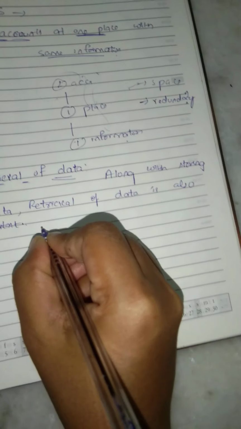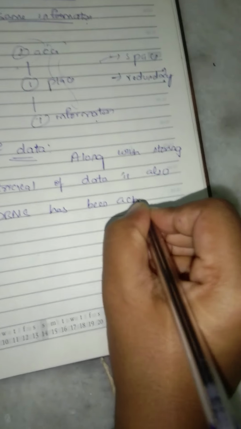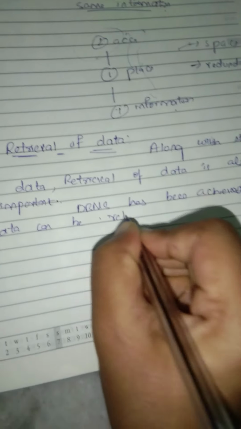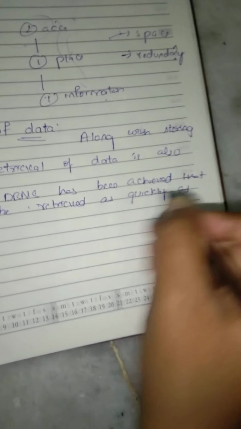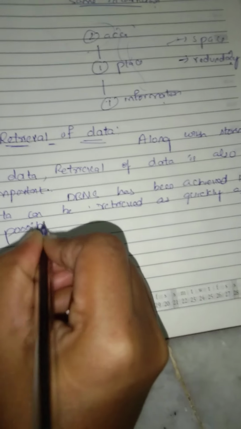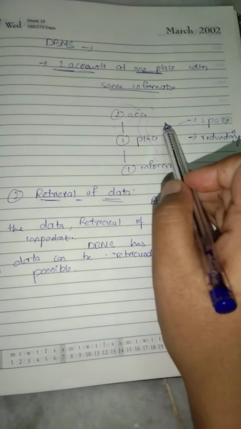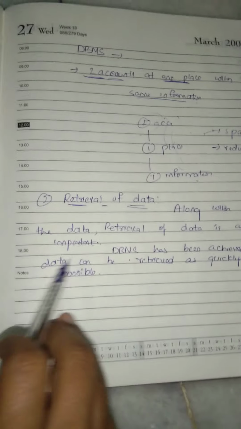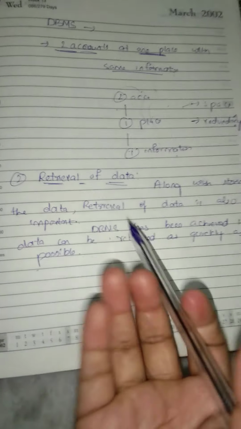DBMS has achieved this, so the data can be retrieved as quickly as possible. It means if the storage is in a systematic manner, then the retrieval of data will be better. That means we can achieve retrieval of data as quickly as possible.